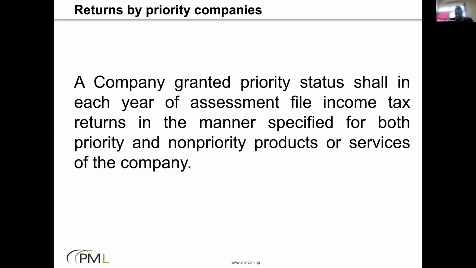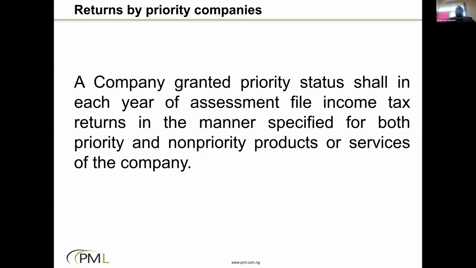Then there are also returns by priority companies. The company granted priority status in each year of assessment files an income tax return in the manner specified for both priority and non-priority products or services of the company. So the question is, what makes a product a priority product, or what makes a company a priority company?